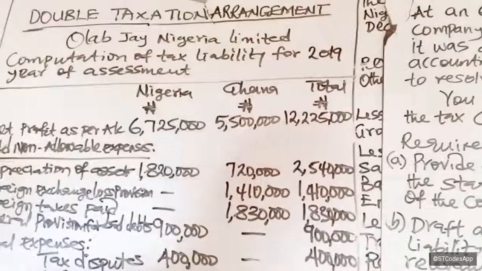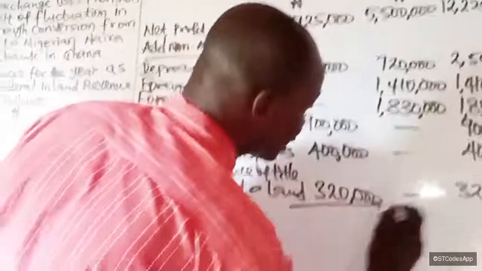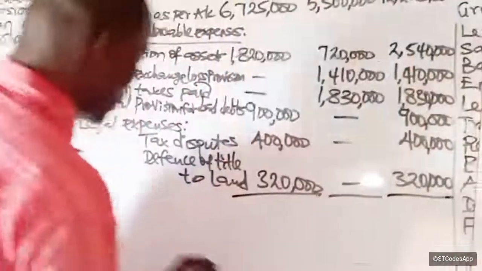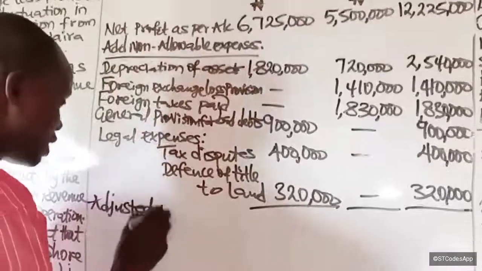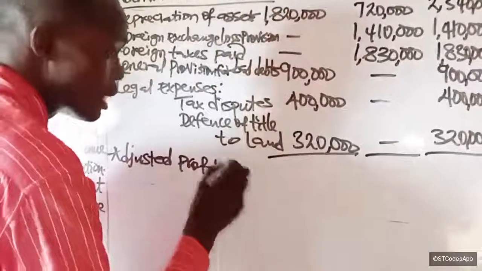Now, let's compute the adjusted profit. We don't have any income that is not taxable.